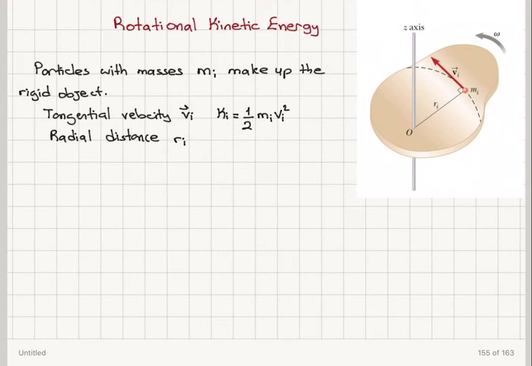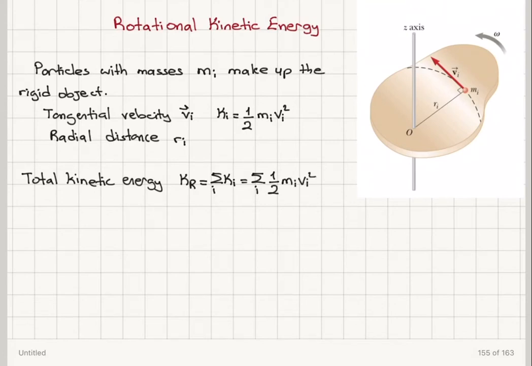Now this is made up of many such particles, so to calculate the total kinetic energy associated with this rotation, I have to sum up the contributions from each particle. So k sub r, the total kinetic energy, will be a sum over the particle index I of 1 over 2 m sub I v sub I squared.